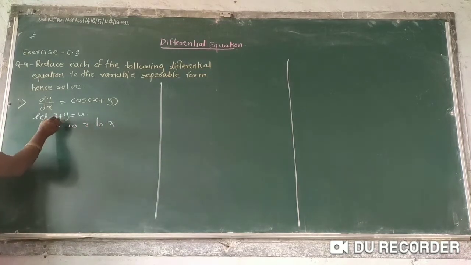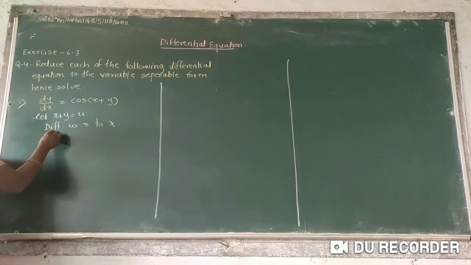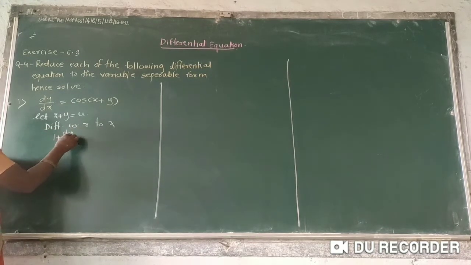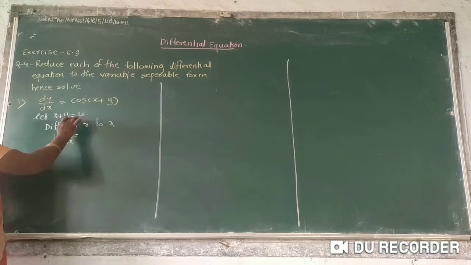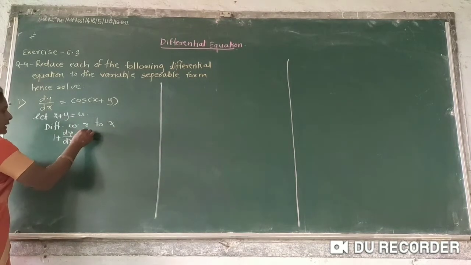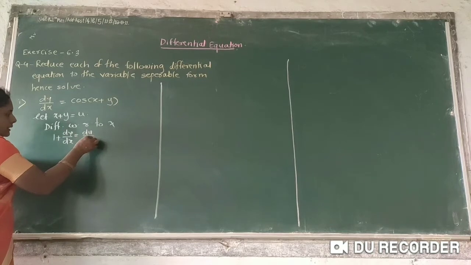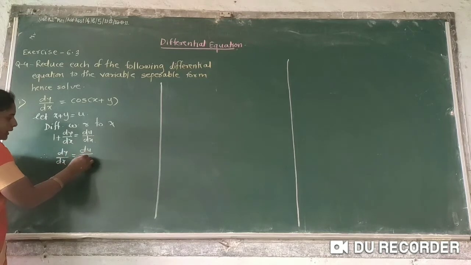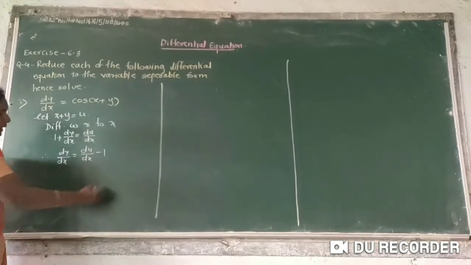We get derivative of x with respect to x is 1 plus derivative of y is dy by dx, equal to derivative of u with respect to x, which is du by dx. Therefore, we get dy by dx is equal to du by dx minus 1.